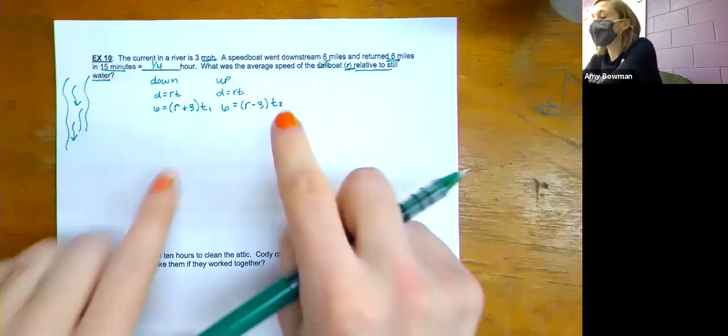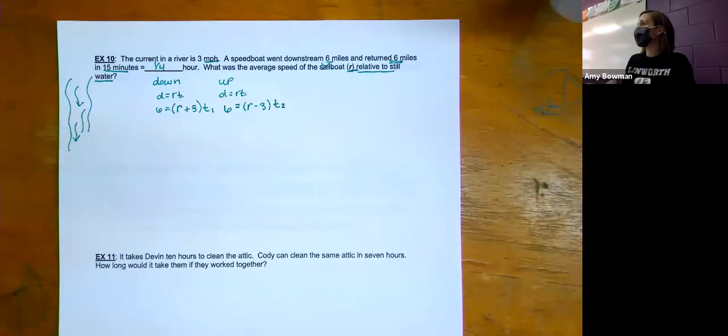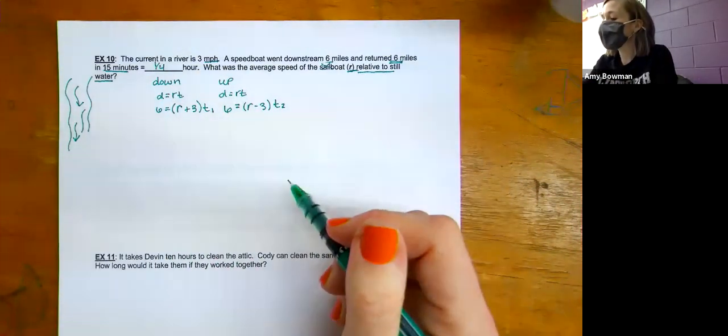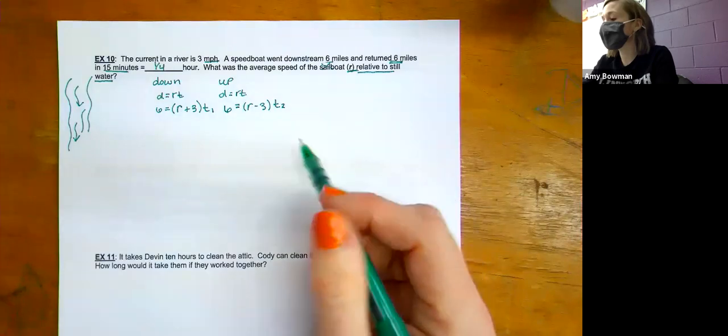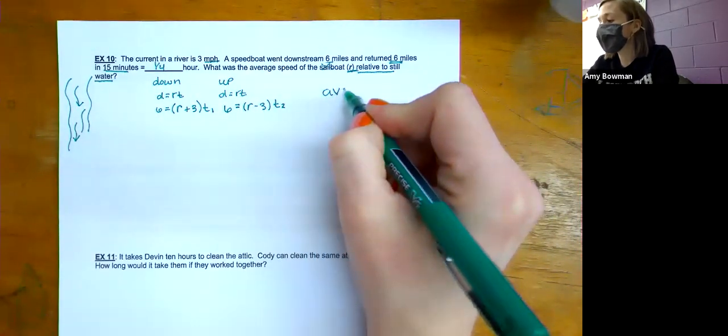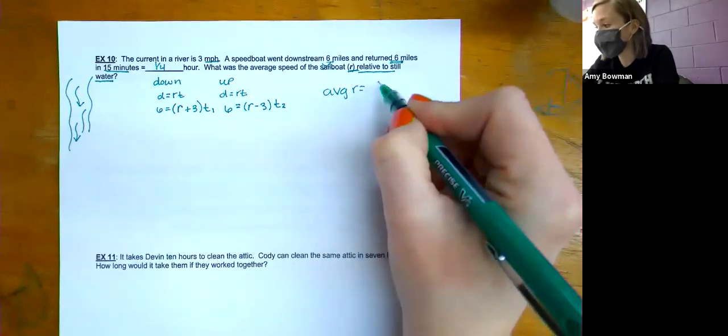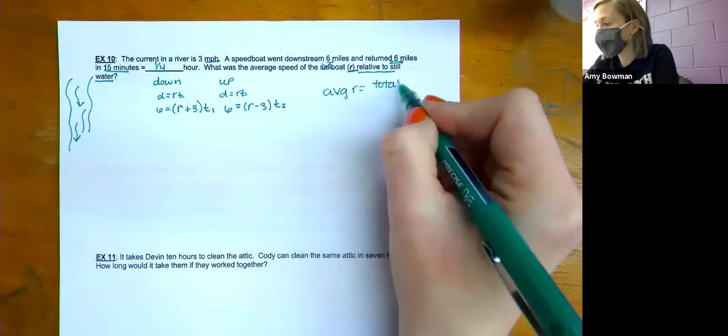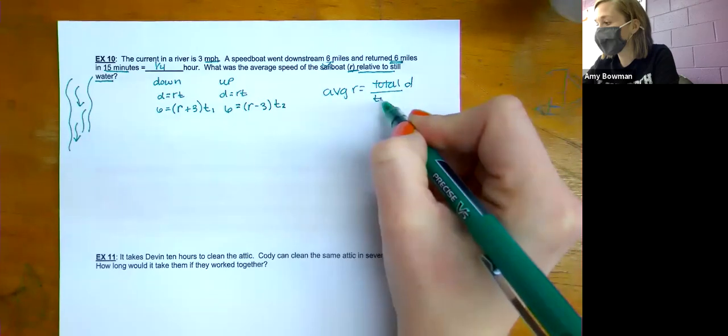Now, are those two times going to be the same? It's going to be a faster trip downstream, right? Longer upstream. The reason this problem is different than the ones we've seen like this is we were using that relationship that the average rate equals total distance over total time, right?